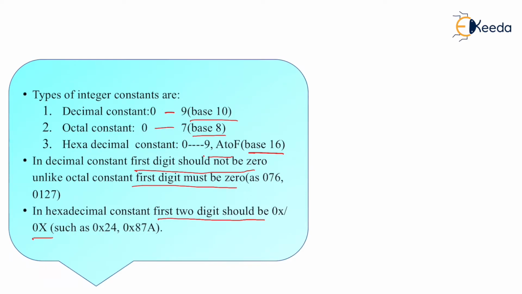Means if you want to store any decimal value, you cannot write like 06 for decimal. But if you want to store some octal value like 07, it is allowed. And if you want to store some hexadecimal value, for that you have to provide 0x with a value. Fine. So these are some naming conventions given to define particular integer constants.